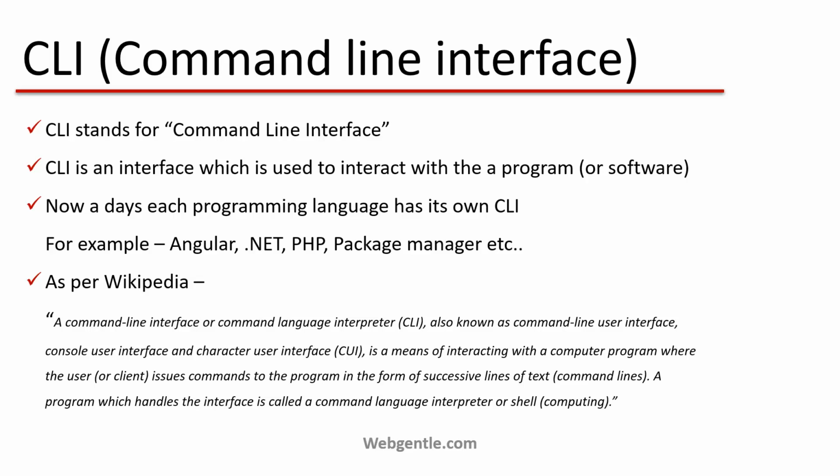So with the help of CLI we provide commands to the program in the form of successive lines of text. Instead of doing all the clicks and manual things, we write everything in command form as text. A program which handles the interface is called a command line interpreter. So the thing which handles all those commands is known as CLI.